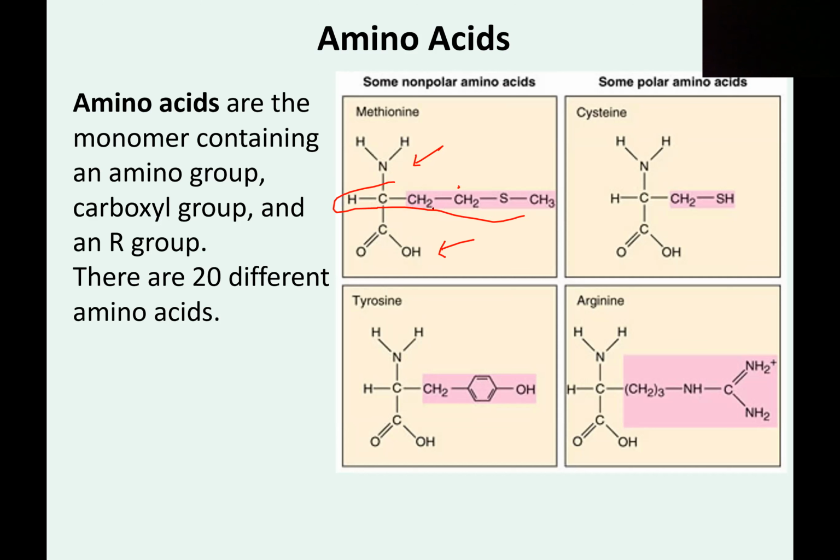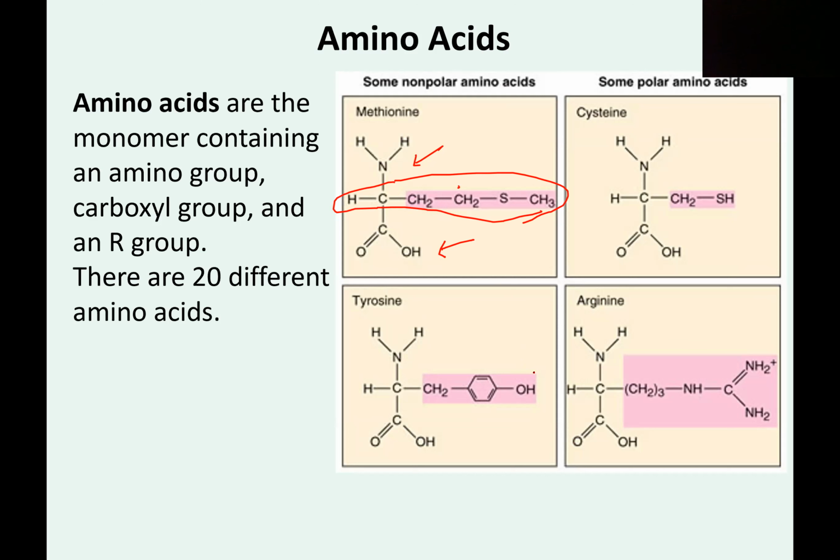In pink, they're highlighting the differences in the R group. The capital R stands for the radical portion of the molecule. There are 20 different amino acids. Here are 4 of them.